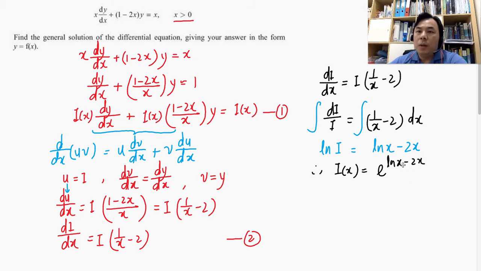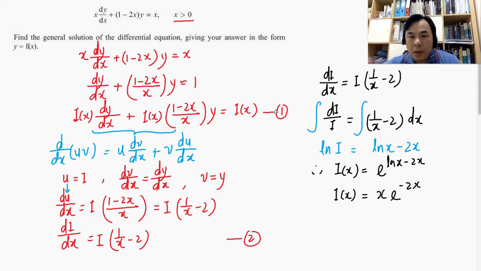And then, of course, by applying a bit of exponential rules, we can further trim this down into this one here. So that will be actually x e^(-2x). Okay, now I hope that is clear at this point.